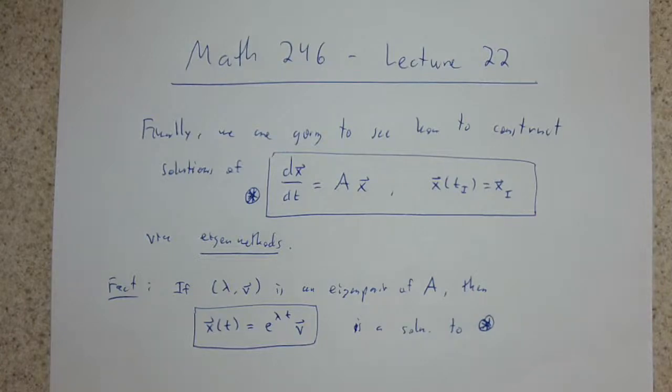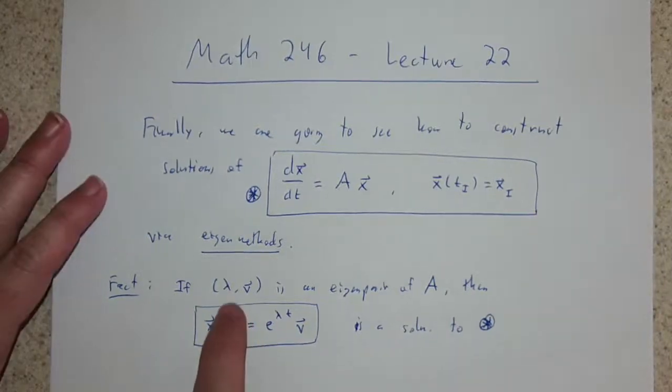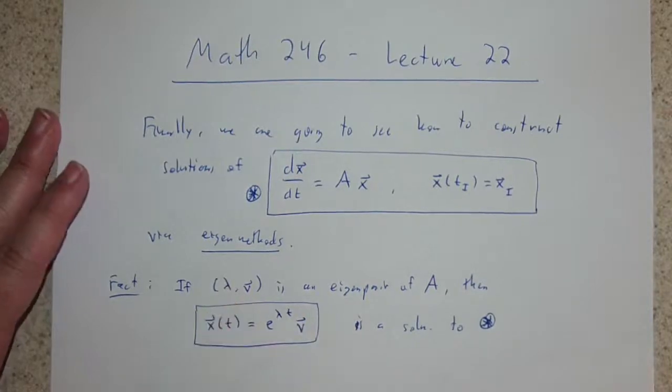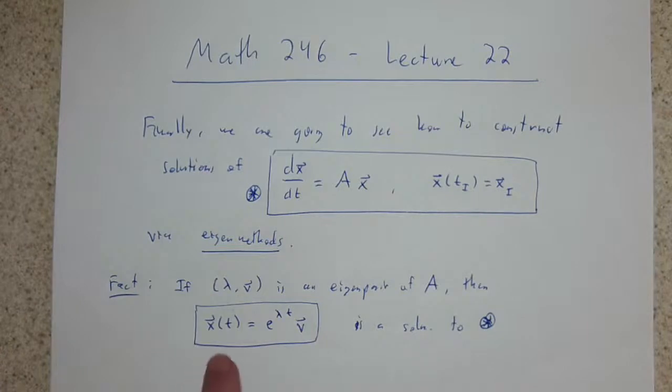Now, notice I said this for a general eigenpair lambda, so lambda could even be complex. If lambda is complex, then this thing that I've written here is also complex, because I have e to the complex number lambda times t, so e to the mu plus i nu times t, so that's a complex valued thing. Now I want all of these things to be real valued, so I have to be slightly careful here.